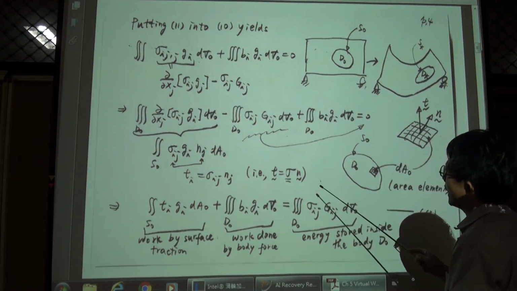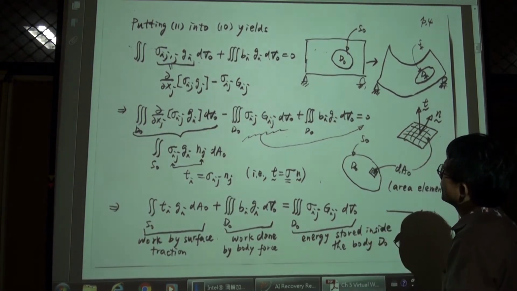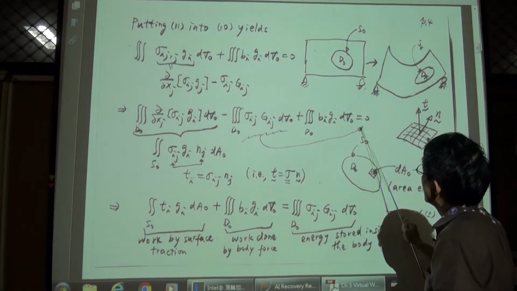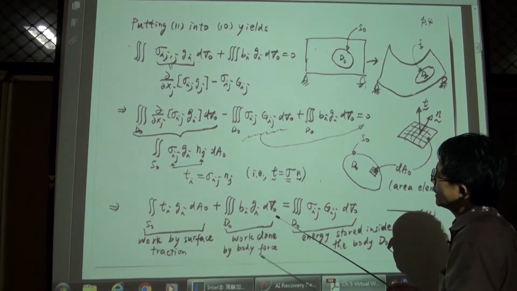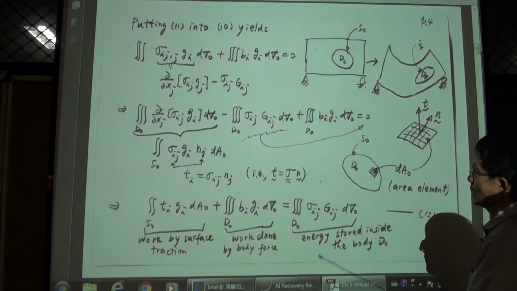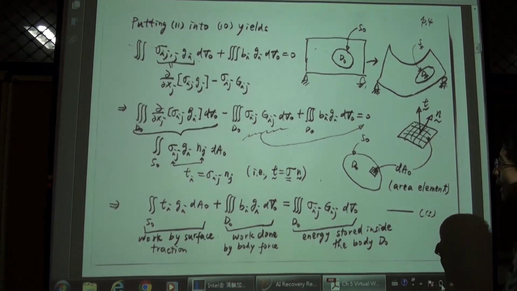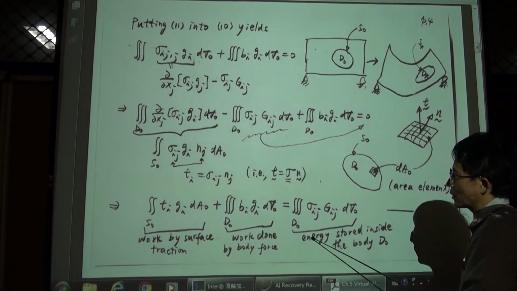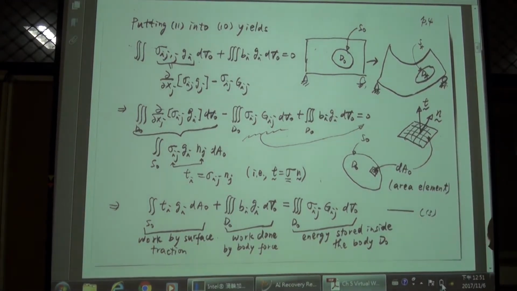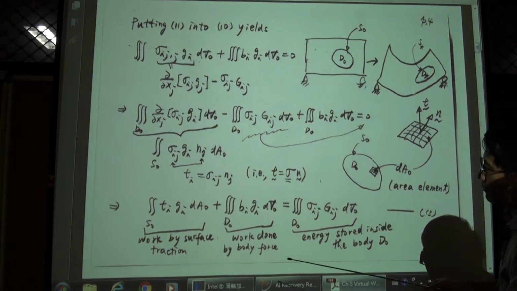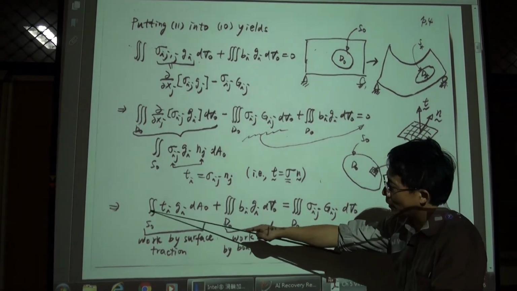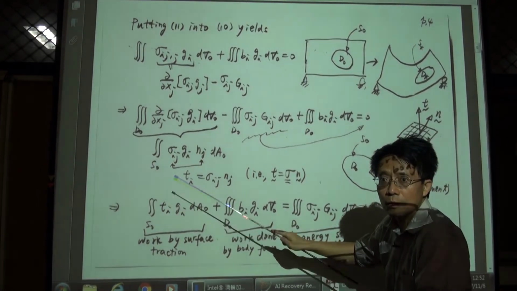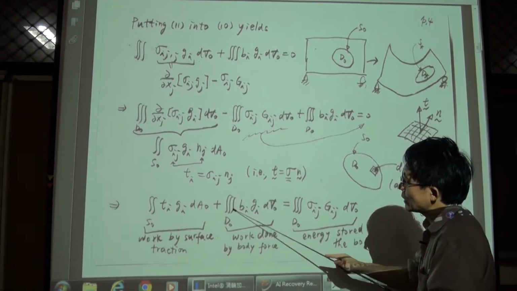Okay, and then this one is copied down here, and we move this term to the right hand side of the equality. Now let me look carefully at the structure of this equality. What does it mean? This is the traction applied on the surface, and this is the body force.